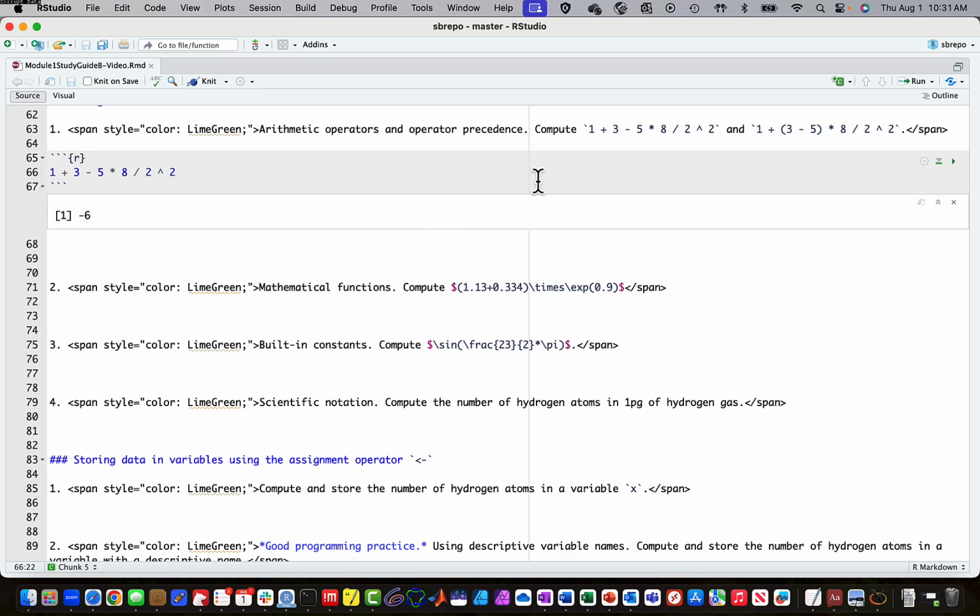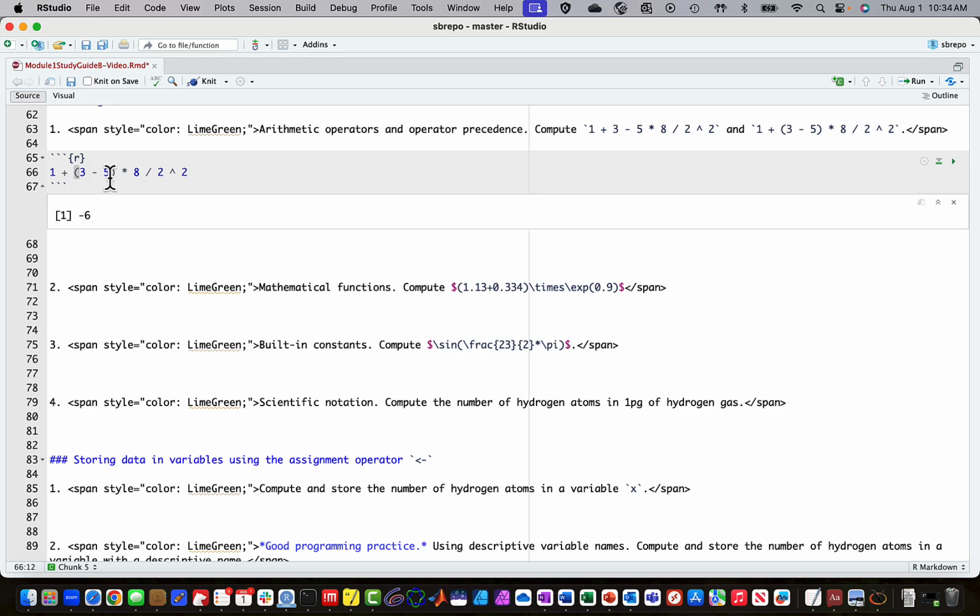Now, supposing we wanted to make sure that the subtraction between 3 and 5 is carried out first, then we must protect the subtraction operator with parentheses, since normally the multiplication operator, the asterisk, has precedence.